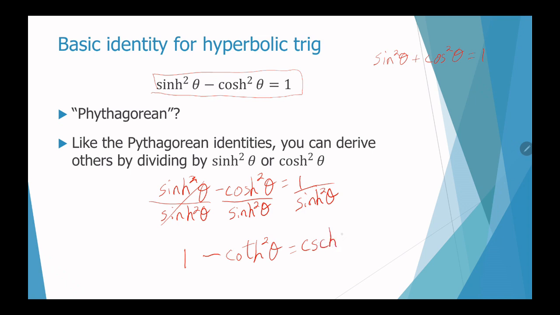Csch squared of theta. And this is the other identity. And then you could have divided this whole thing again by cosine squared, and you would get a different property. You would get tangent squared minus 1 is equal to secant squared.